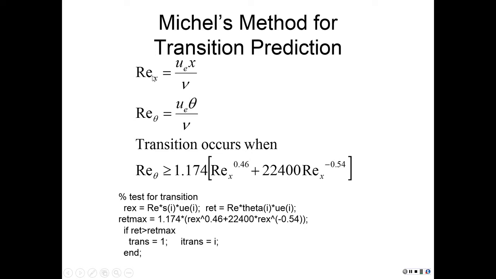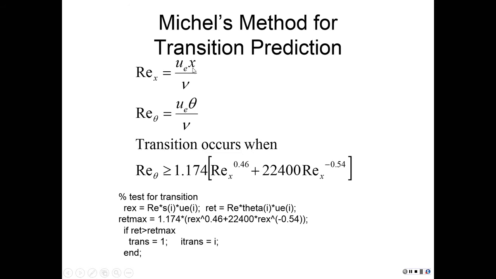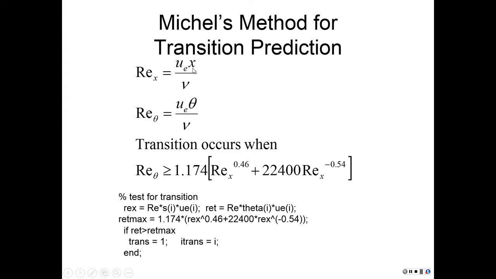You also compute the Reynolds number based on the distance from the leading edge. So as you march from the leading edge, as you compute this theta, keep track of where you are on the aerofoil. This is the distance from the stagnation point near the nose to where you are on the aerofoil. So once you have these two expressions, check this.